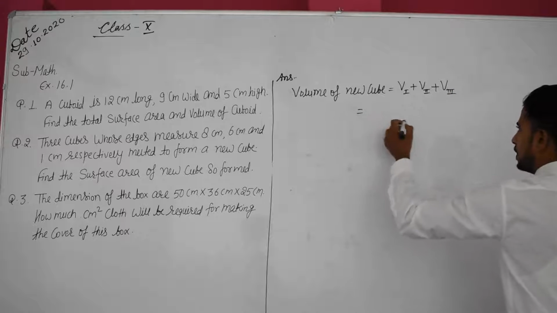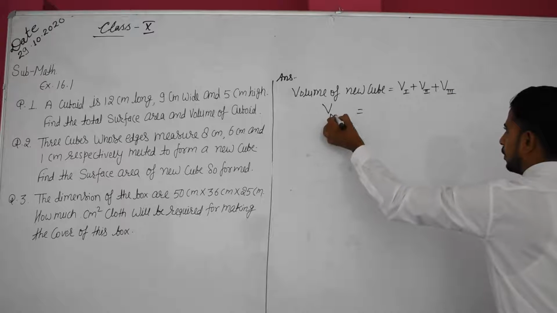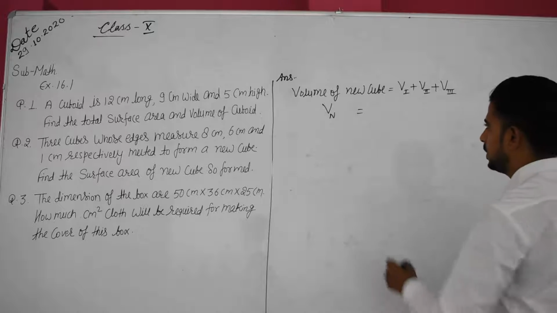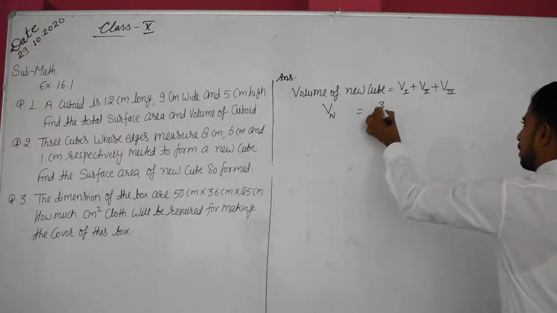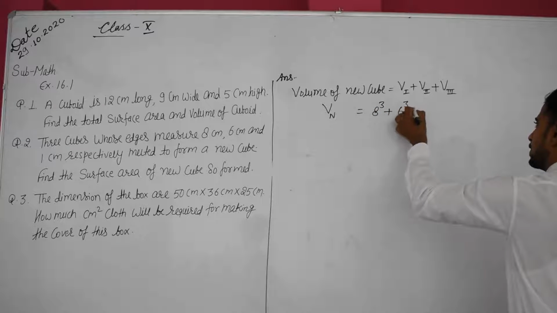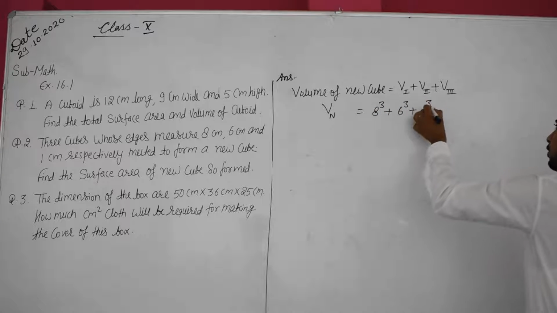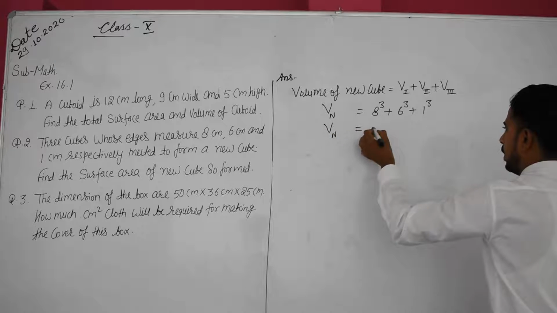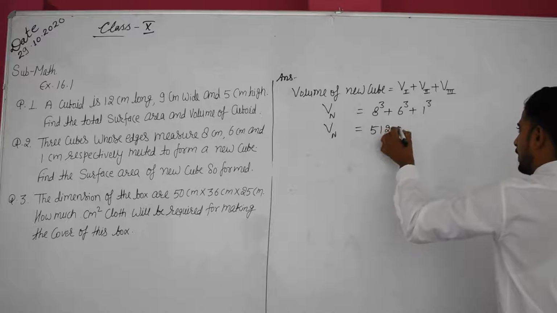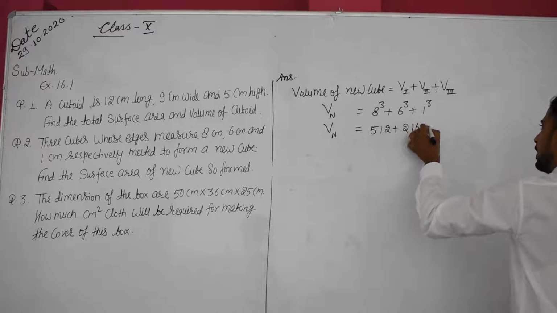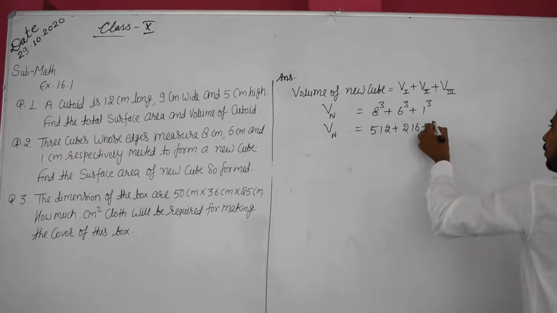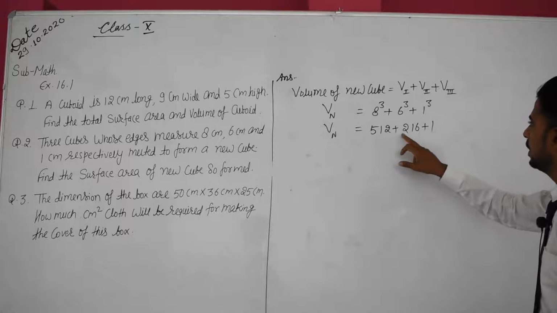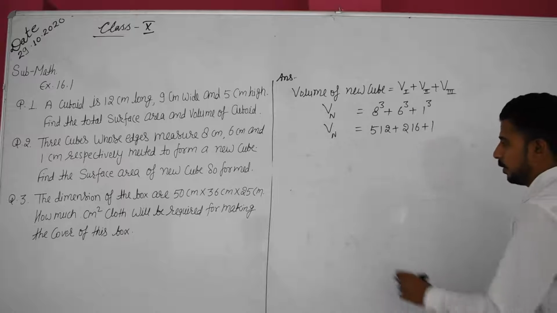Volume of first cube means cube of 8, plus cube of 6 for the second cube, and 1 cube for the third cube. 8 cube means 512, 6 cube means 216, plus 1 cube means 1. 512 plus 216 is 728, plus 1 is 729.